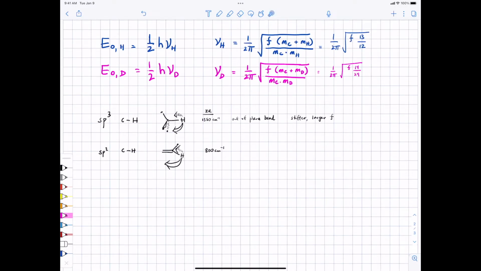Why does it have a lower frequency? It still involves the same mass terms, but the force constant here is smaller. So a looser spring, a weaker spring, a smaller force constant. All right, so what's that going to do for us?